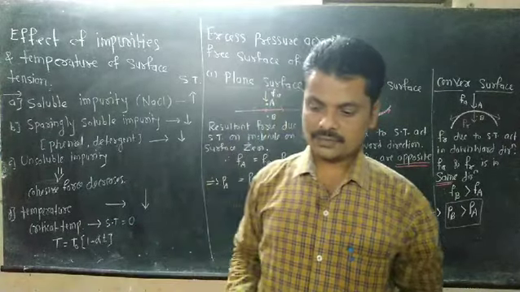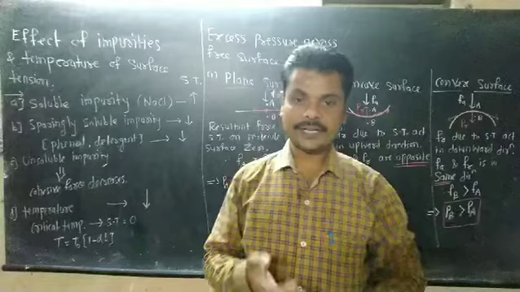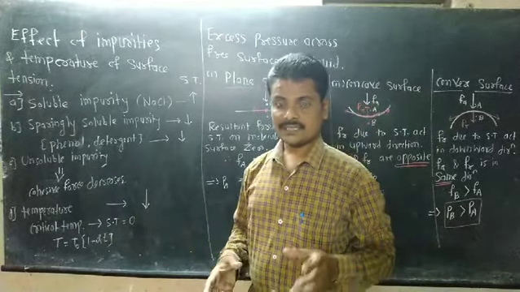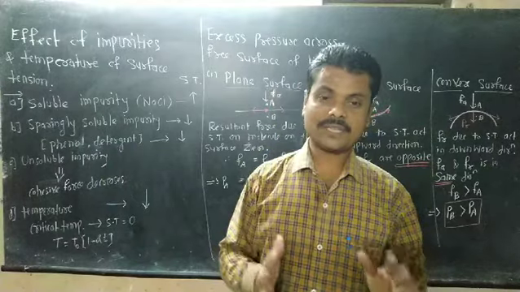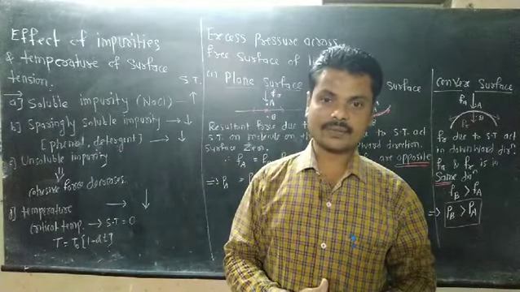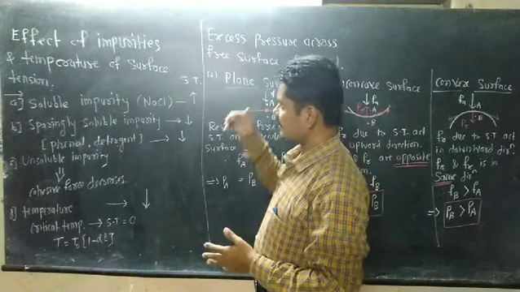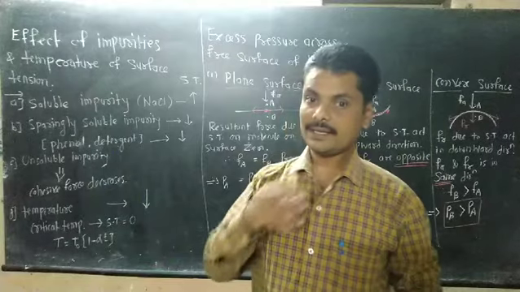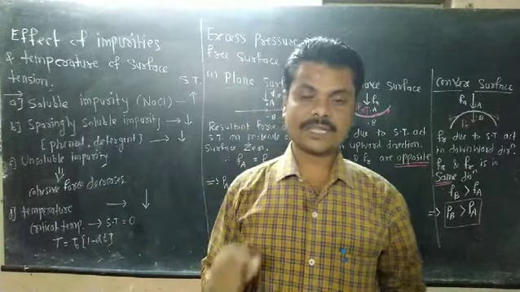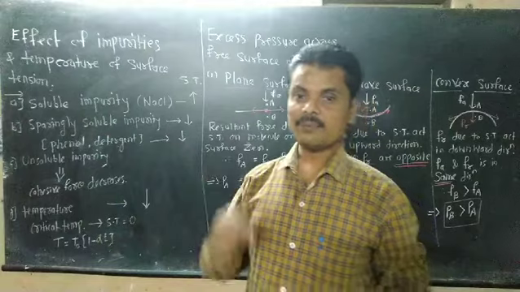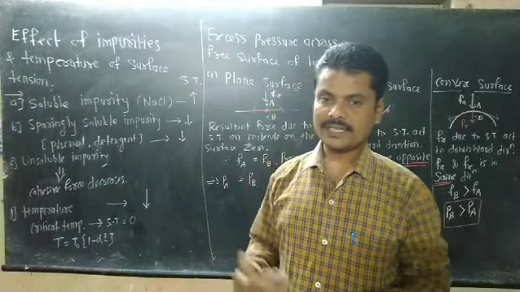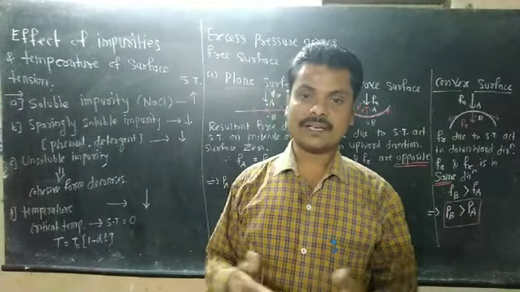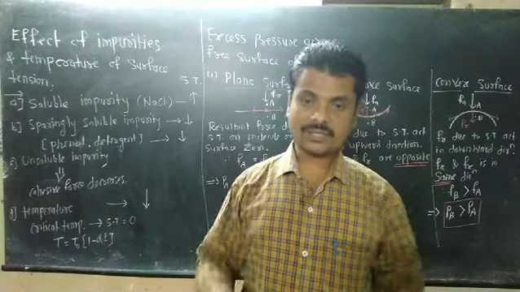When you add any impurity, meaning a substance which is not part of that solution, you can add some impurity to a given liquid and study what the effect on surface tension is. Many impurities are soluble, some are highly soluble, and some are not soluble.